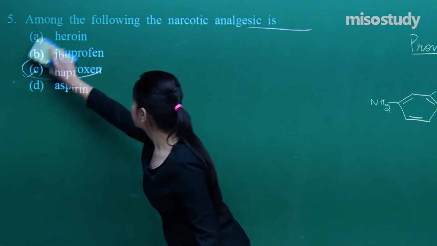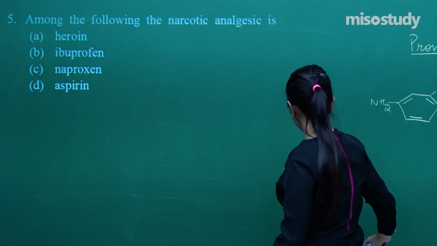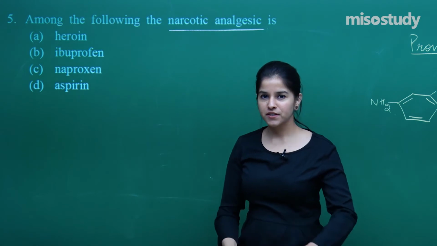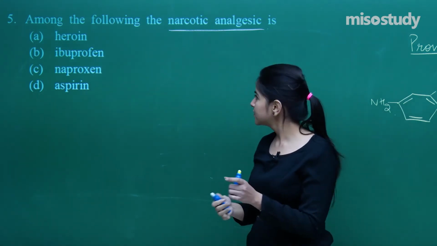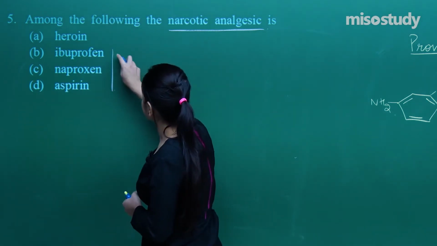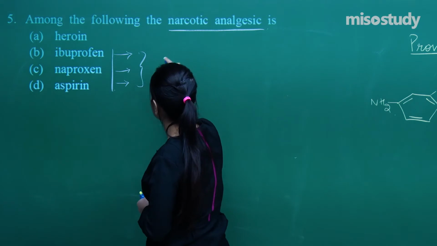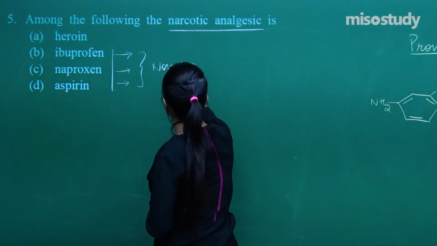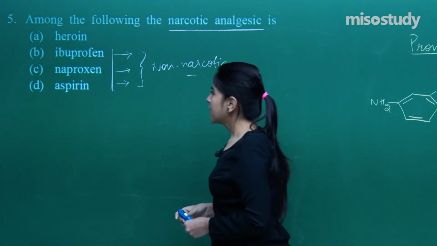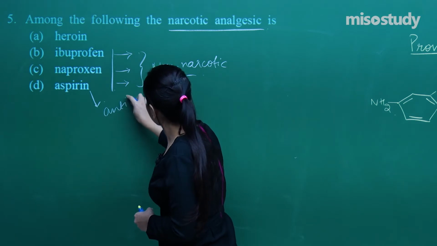What do I have? Among the following, the narcotic analgesic. Now I need to find out the narcotic one. That means having some kind of an addiction. It could be morphine, codeine, heroin. So out of all, if you see over here, these are again antibiotics, but these are non-narcotic. And aspirin is nothing but antibiotic.